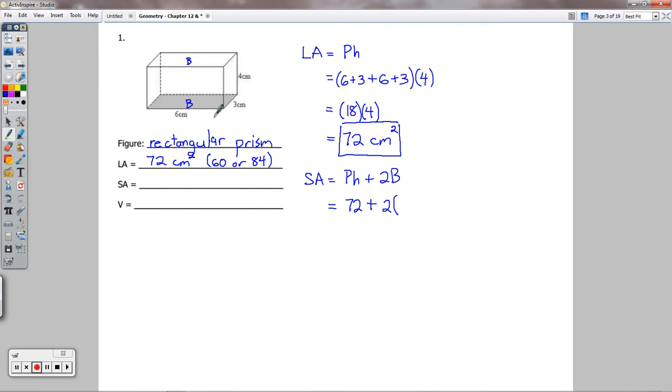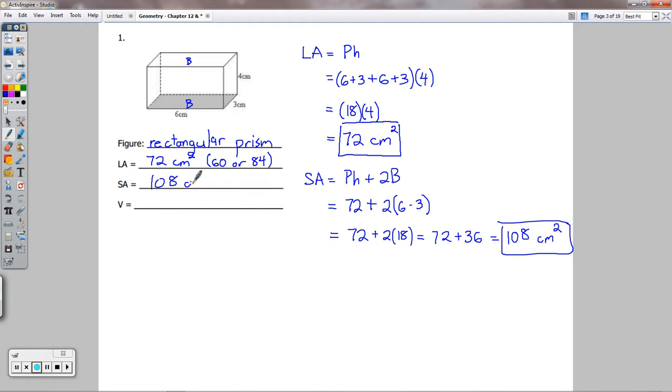These bases are just rectangles, so you've got 6 times 3, base times height. That would be 72 plus 2 times 18. That's 72 plus 36 for a grand total of 108 centimeters squared for the surface area. So 108 centimeters squared goes right here.